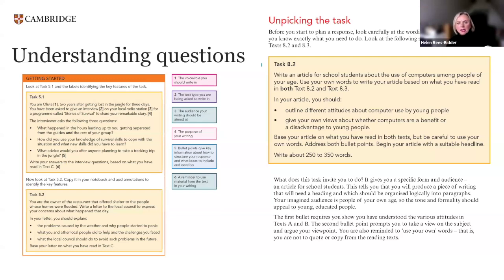And you'll see here with a directed writing task, unpicking the task before you plan what does this invite you to do. So in every unit, again, we really do try to get them understanding what questions are asking them to do and how to pre-read, how to read a question really carefully so they know what they're being asked to do in their answer.